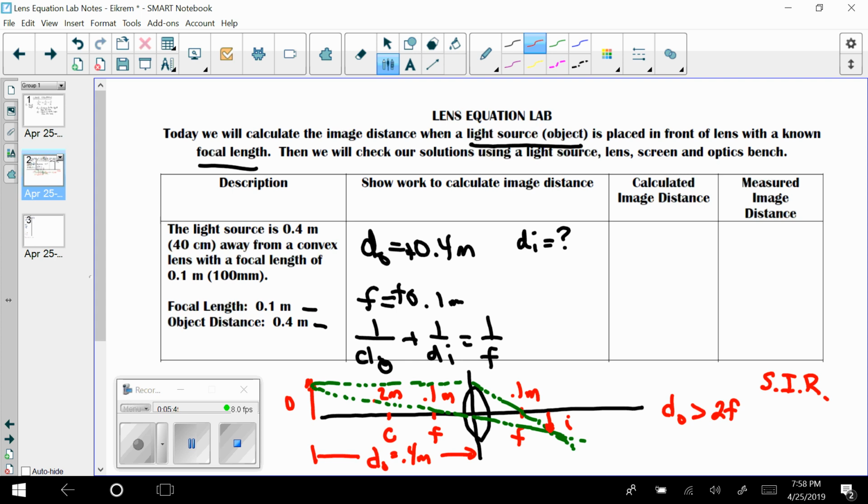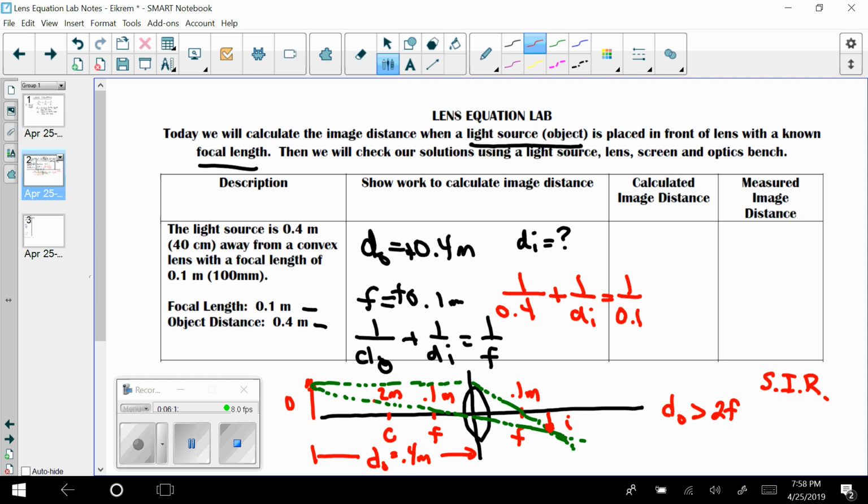If we substitute this into this equation and do it mathematically, what we would get would be 1 over 0.4 plus 1 over dI equals 1 over 0.1.